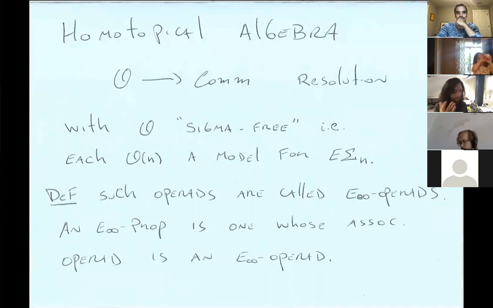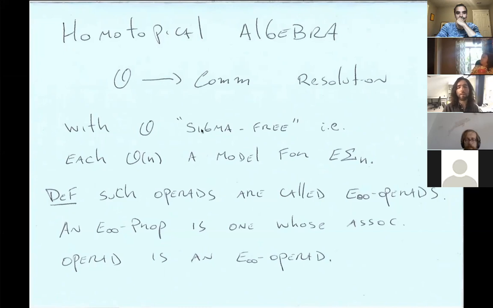Now, the Comm operad is not great for homotopical purposes, so we're going to be thinking about how to resolve it. In fact, the notion of a resolution makes sense for any operad, and the correct notion in this context is a weak equivalence, that is, a quasi-isomorphism of each arity induced by an operad morphism.